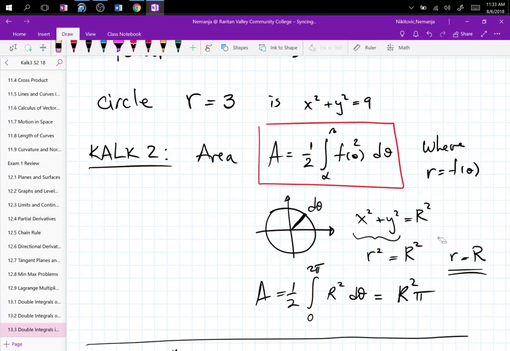But then, the hardest problems we had in Calculus 2 were when you intersect two shapes. So you have a circle and a cardioid intersect, or a circle and a flower and a cardioid, whatever. And then you have to figure out which one is on the outside, which one is on the inside, so you can do the subtraction.